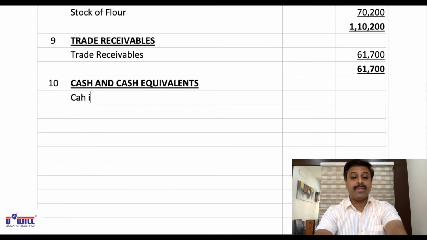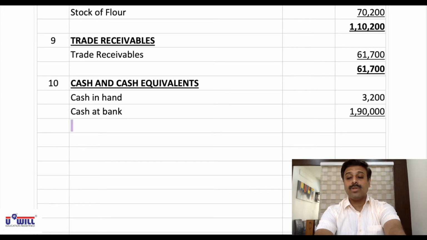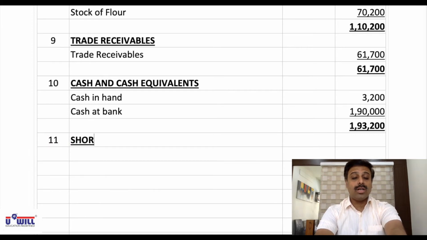Cash in hand 3,200, cash at bank 1,90,000, total 1,93,200. Then after cash and cash equivalents, we have short-term loans and advances.